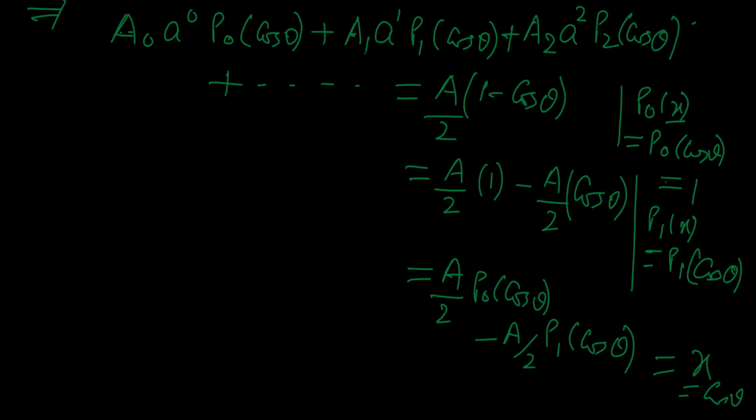So now compare the LHS and RHS term by term. The coefficient of P naught cos theta in RHS is A by 2, and in LHS it is simply A naught, because a to the power 0 is in fact 1.